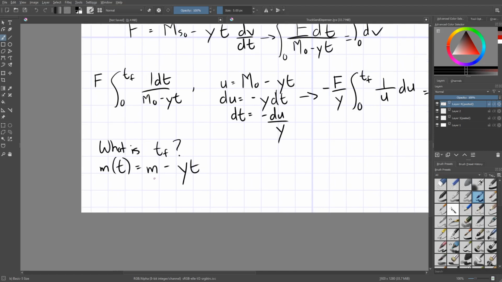In our situation, we said that we're looking at when m of t equals 1/2 m, 1/2 of the initial mass. So I'll make that substitution and solve for t, which gives t equals m over 2 gamma.